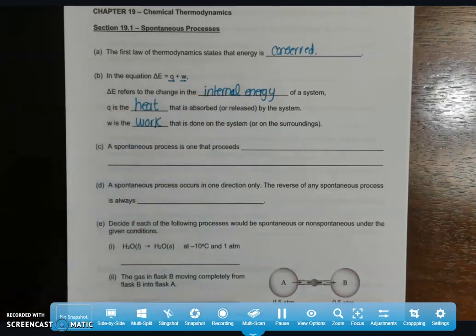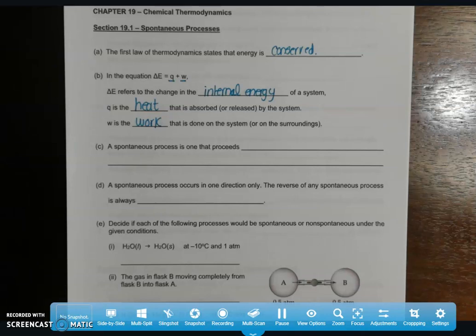Now we are going to focus primarily on the work aspect of this. We're going to look at how heat energy is absorbed or released by the system. In fact, all of our thermochemistry that we did before was about enthalpy. We're going to add two components to that. And we're going to start looking at how internal energy affects whether a reaction will or will not occur.